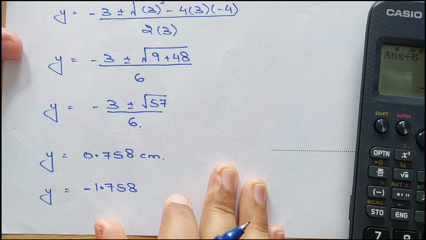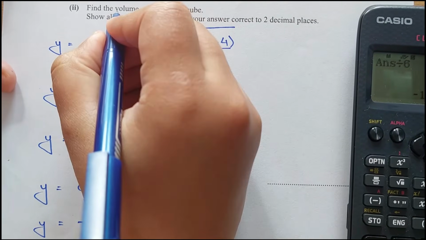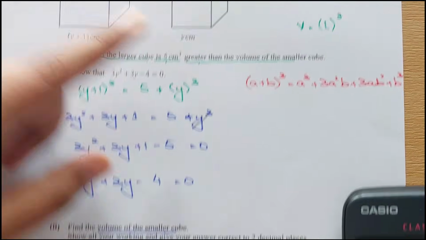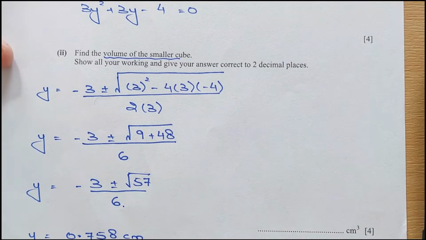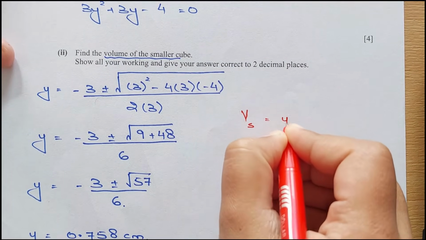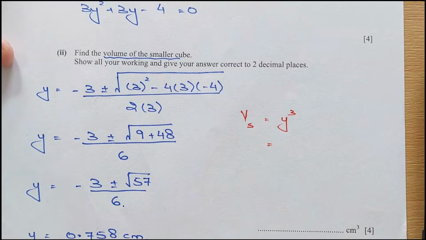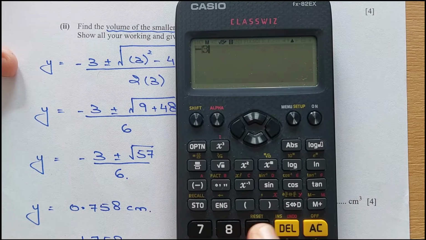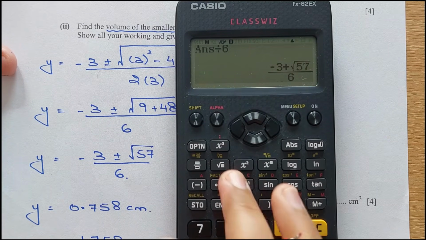Now we need to find the volume of the smaller cube. As you can see, the smaller cube dimension is just y centimeter. So we can say that the volume of the smaller cube is y cube. So this is the value for y, so we have to take its cube, right? So we have minus 3 plus square root 57 divided by 6, and its cube.